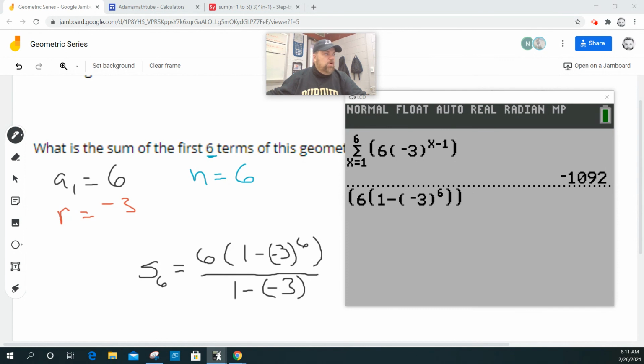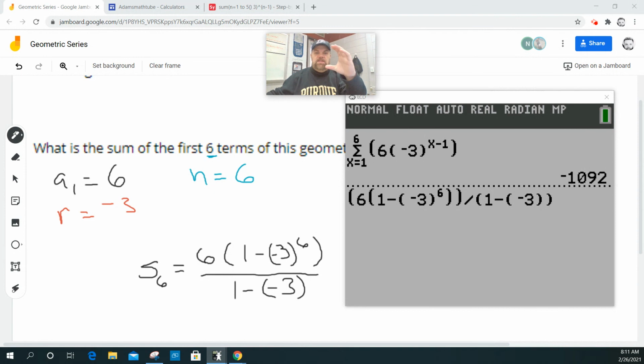I've got 3 opens and then 3 closes. If I have one of these, I got to have one of these. So I've got 3 sets of these. Then divided by, open parentheses, 1 minus another set of parentheses, -3, close parentheses, close parentheses.